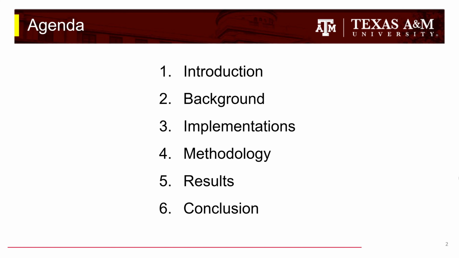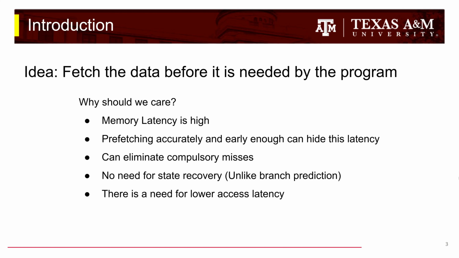Then we will give some context and background on some other major prefetchers within the field, such as the NextLine and RDIP prefetchers, and then we will explain our implementation and how we perform the simulations to get our results, which we will then discuss and summarize our results and findings as well as other key parameters discussed in this presentation within our conclusion.